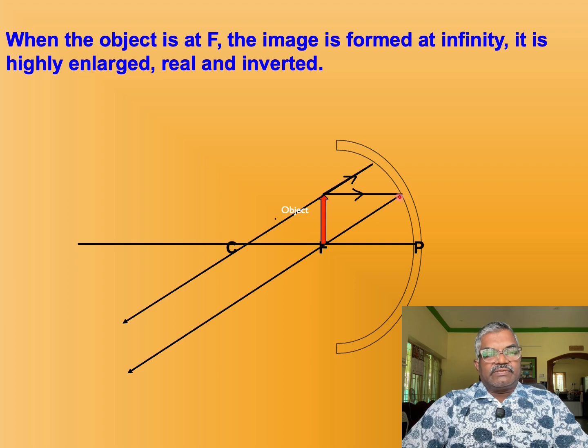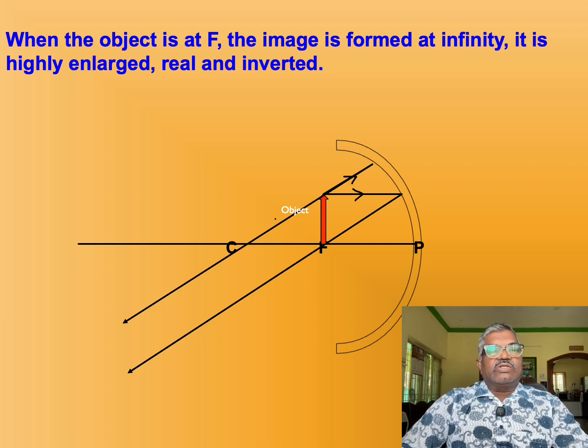After reflection, it will reflect back through F. Another light ray is through C. You know that if a light ray passes through C, after reflection it will bounce back in the same path. Obviously you can see that the two rays after reflection are parallel. Therefore the image is formed at infinity. It is highly enlarged because it is a parallel line, and real and inverted.